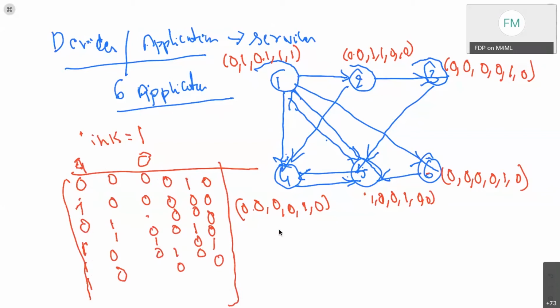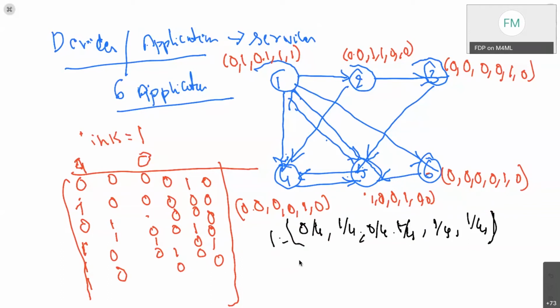So we can write something like this: 0, 1 by 4, 1 by 4, 1 by 4, 1 by 4. This is for column 1, right?